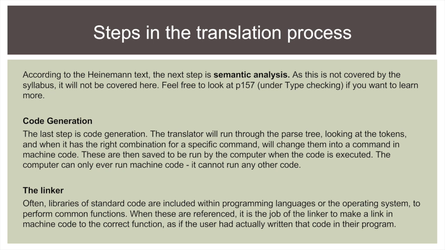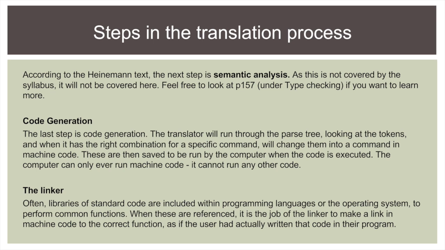We also have this linker, and so oftentimes in programming languages or the operating system, there's a whole section of standard code to enable the program to access elements in the operating system or routines to access hardware or things like that. When these are referenced, the linker will make a link in machine code to the correct function, as if you have actually written that in your program.